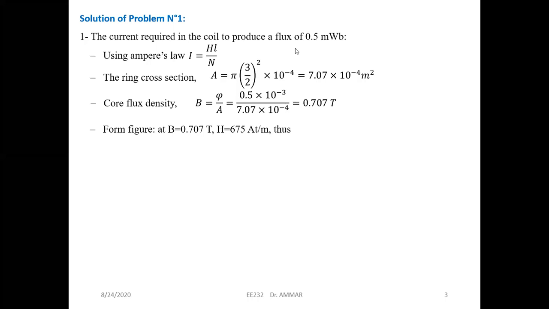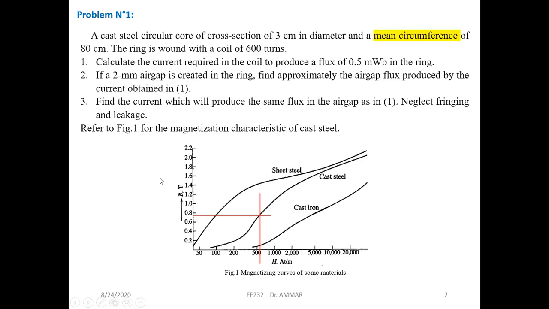So here we are gonna find H from B. Okay, and we are gonna use this figure here. So H will not be calculated, but we are gonna find it from this figure.